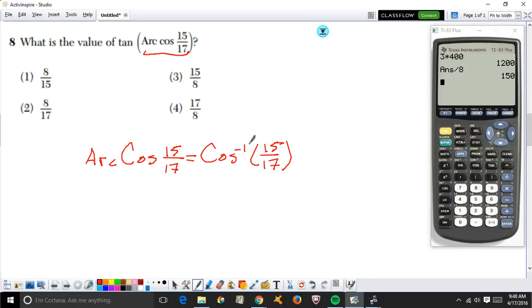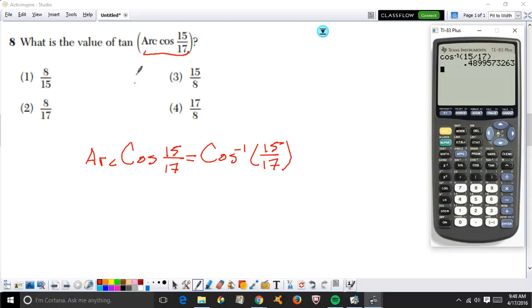So let's find out what the inverse cosine of 15/17 is, and then we're going to take the tangent of it. So let's find this value. Second cosine 15/17.